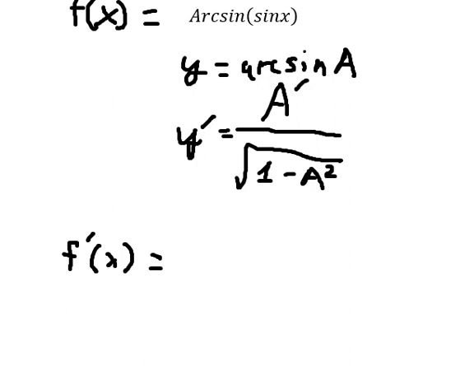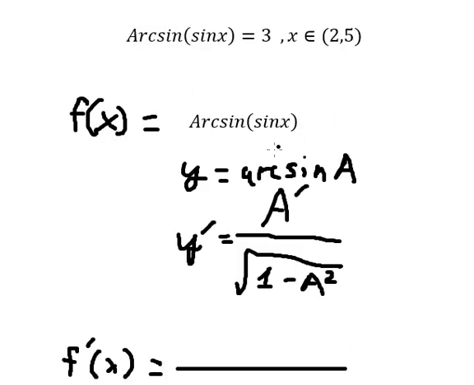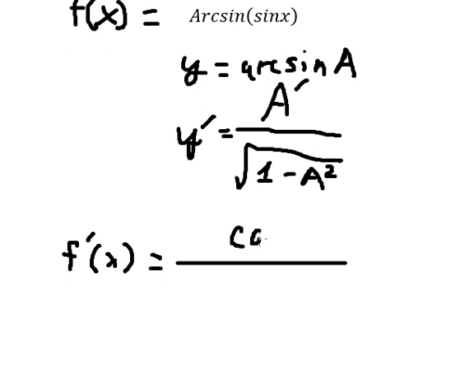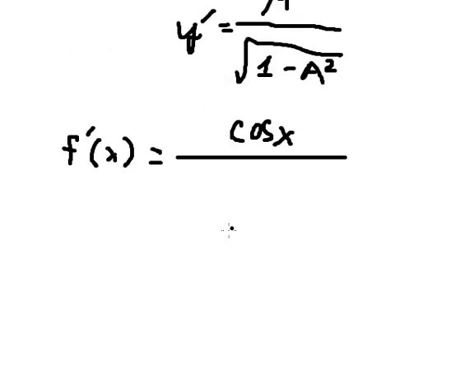Now we can do something similar for this one. So the derivative of sin s is cosine s, and now we have the square root of 1 minus sin squared s.